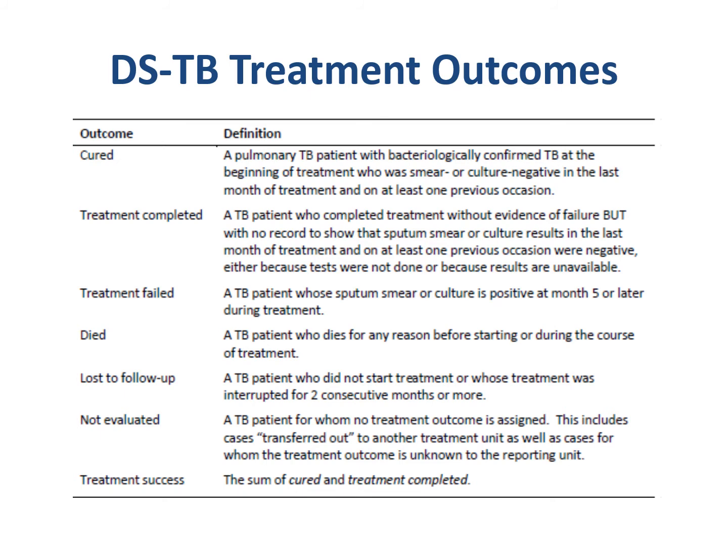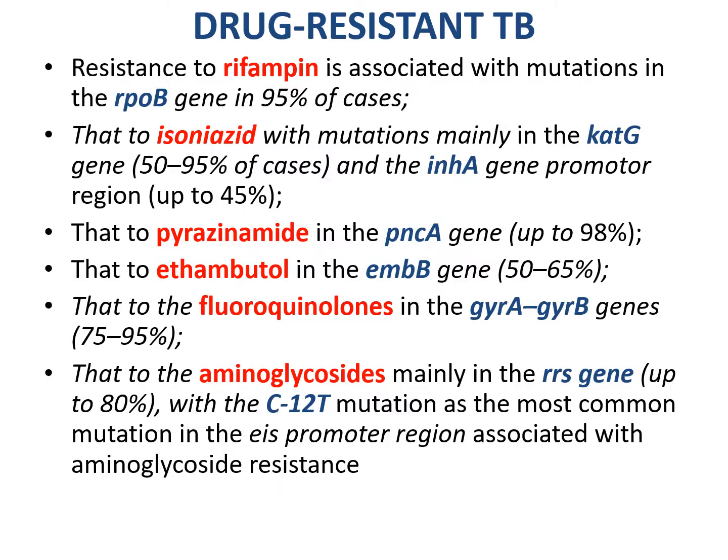Not evaluated: a TB patient for whom no treatment outcome is assigned. This includes cases transferred out to another treatment unit as well as cases for whom the treatment outcome is unknown to the reporting unit. And treatment success, the sum of cured and treatment completed.